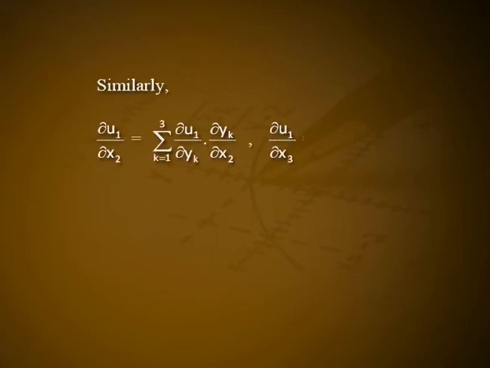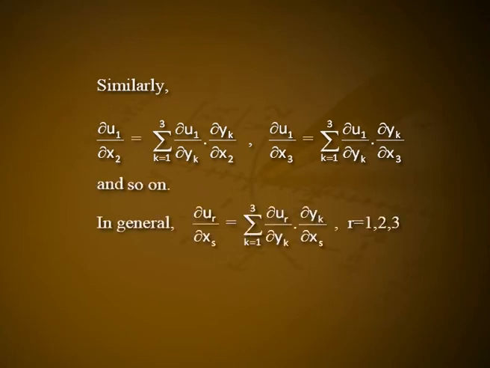Similarly, del u1 by del x2 equal to sigma k equal to 1 to 3 del u1 by del yk times del yk by del x2. Del u1 by del x3 equal to sigma k equal to 1 to 3 del u1 by del yk times del yk by del x3 and so on. In general, del ur by del xs equal to sigma k equal to 1 to 3 del ur by del yk times del yk by del xs, r equal to 1, 2, 3 and s equal to 1, 2, 3.